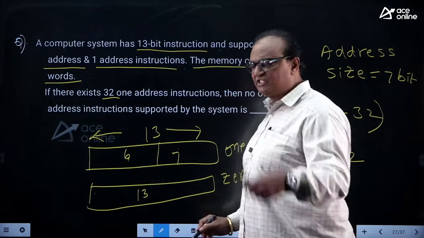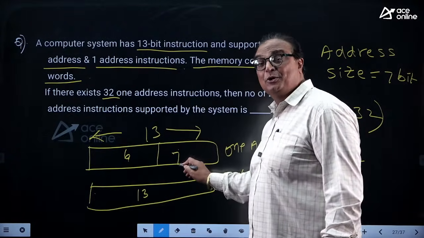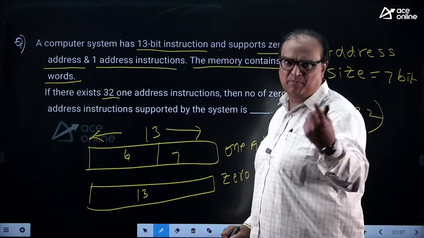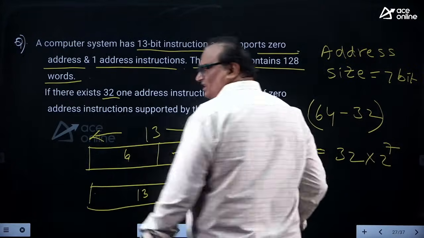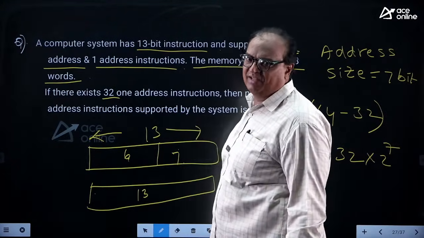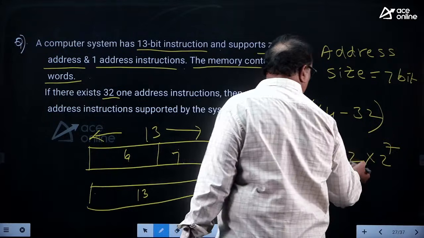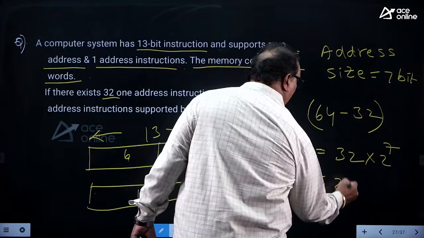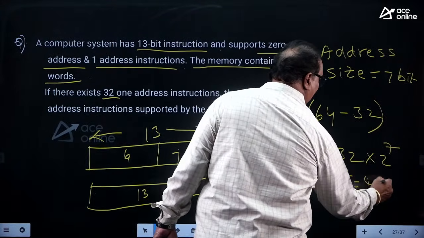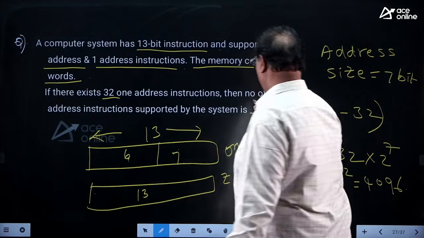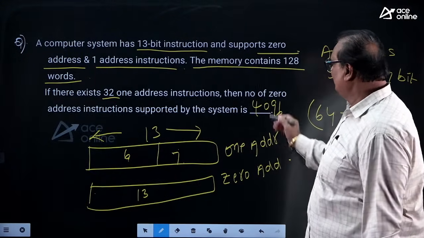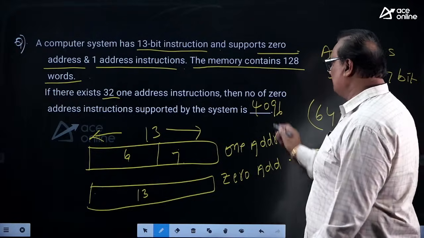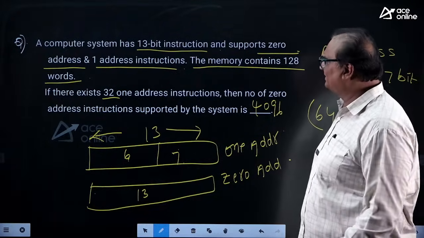Each free combination generates an additional 2 power 7 opcodes for 0 address, because 0 address does not require any address field. That's why it is 2 power 5 times 2 power 7, which is 2 power 12, 4096. So the number of 0-address instructions supported is 4096.